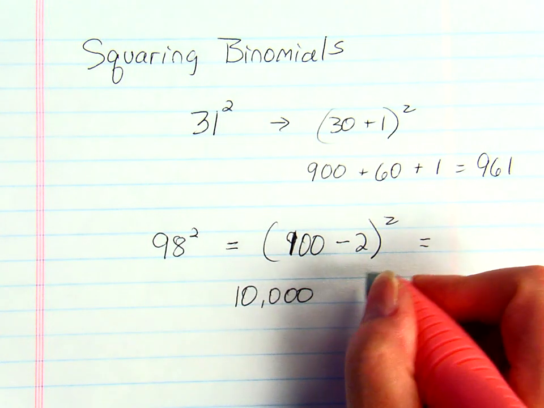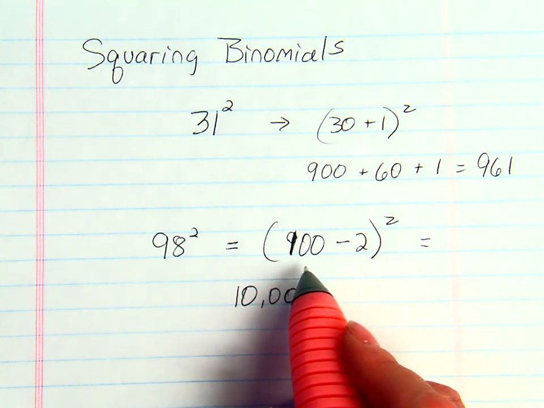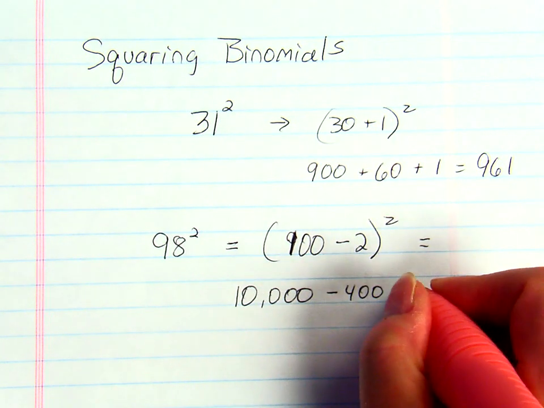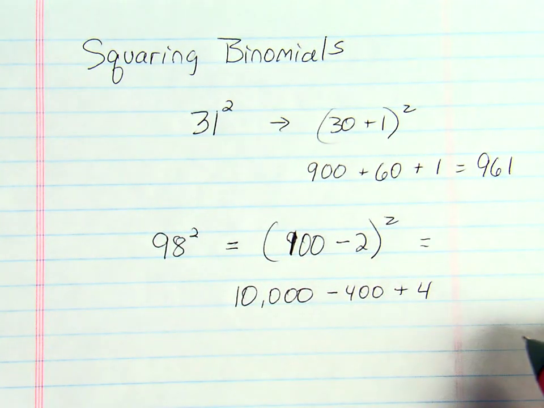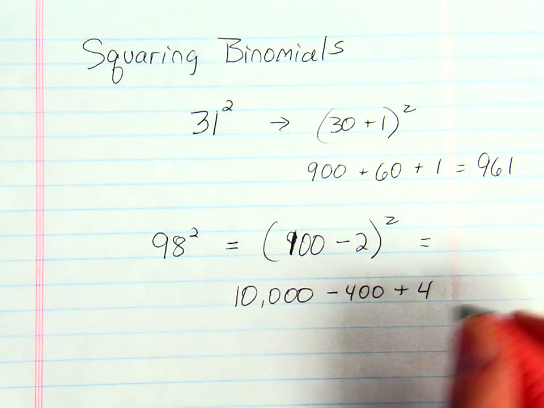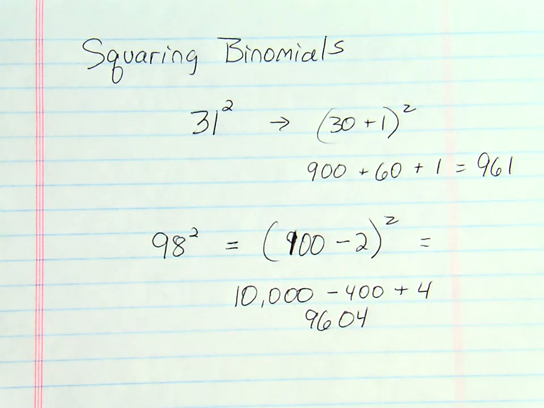Okay, so 2 times a, 200, times 2, 400. So minus 400 plus 4, because that's 2 squared. So 10,000 minus 400. Unfortunately, my mind doesn't work all that quickly. That's going to be 9,604. So 9604.